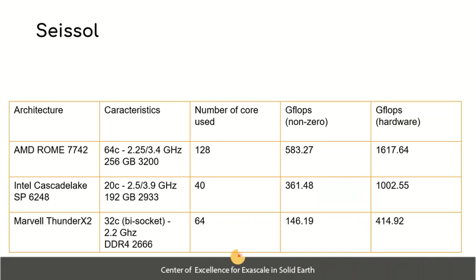What we can see is that the results on the ThunderX2 are not very good, but you have to keep in mind that the code is not quite the same due to the library between AMD, Intel, and the ThunderX2, and also that ThunderX2 is a kind of old architecture from the ARM perspective.